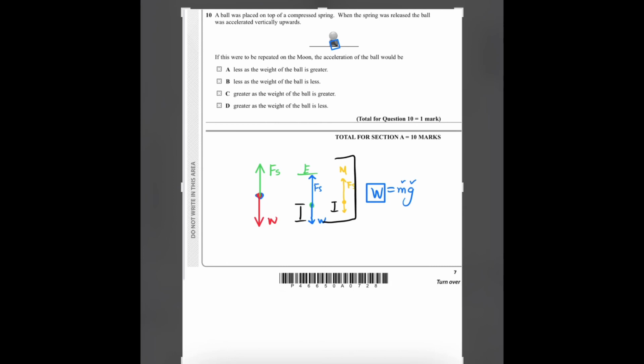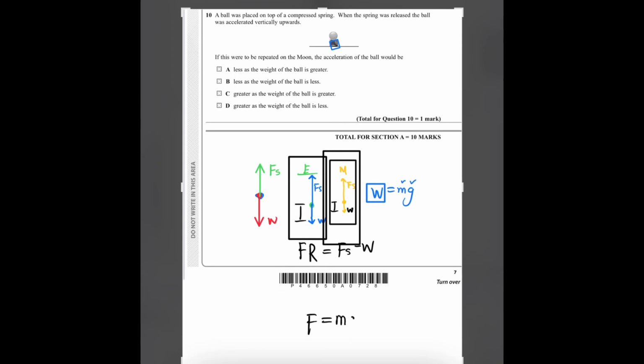So on the moon there is a lower weight, so there is a greater resultant force, right? The resultant force equals the force from the spring minus the weight. So the difference on the moon is greater than the difference on the earth, so the resultant force is greater on the moon.